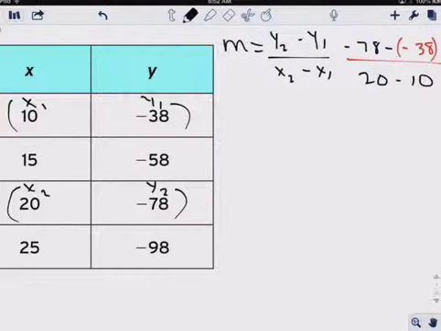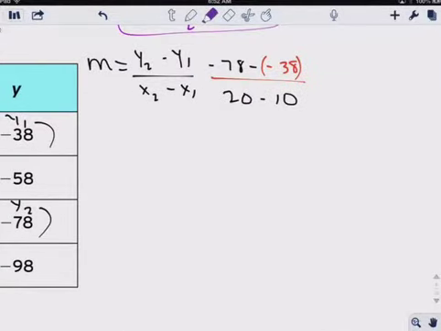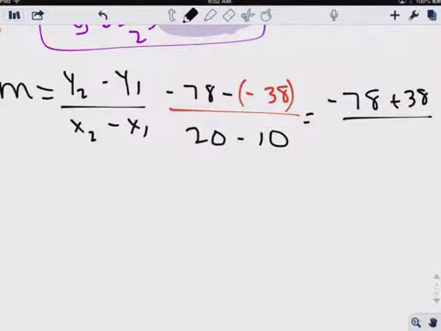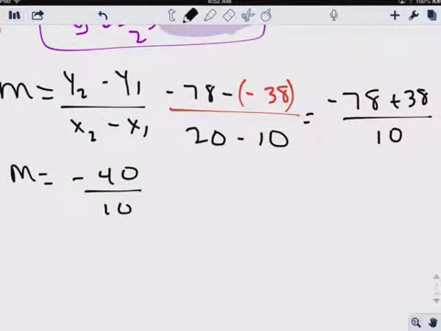Minus 10, okay? These two numbers, the x's. This equals negative 78 plus 38 over 10. Negative 40. So slope is negative 40 over 10, or just negative 4.